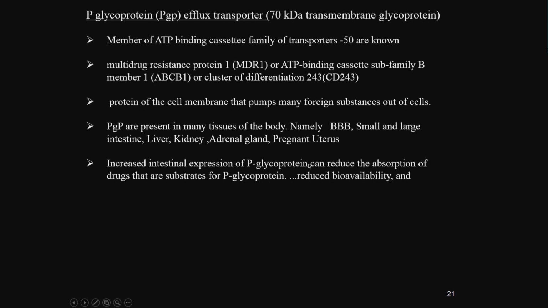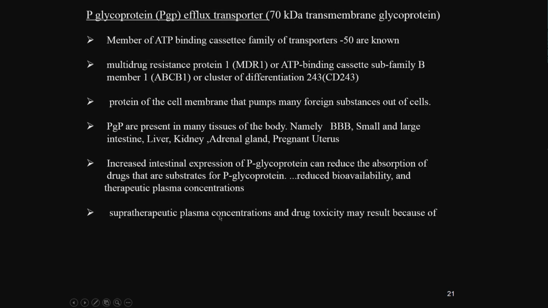So, if there is a lot of PGB present in the intestine, drugs get thrown out, they do not get absorbed into the GI, so bioavailability of the drug may be less. Supra therapeutic plasma concentrations and drug toxicity may result because of decreased P glycoprotein expression.